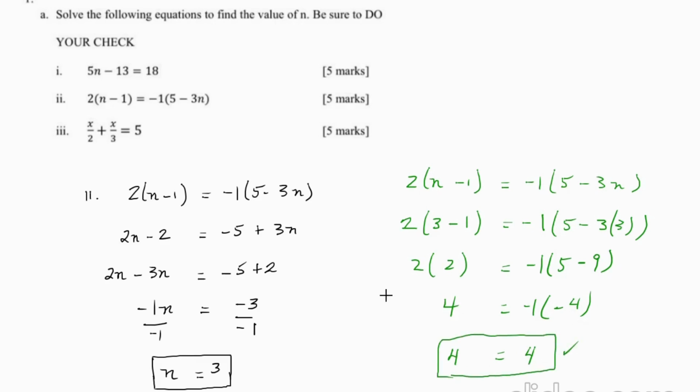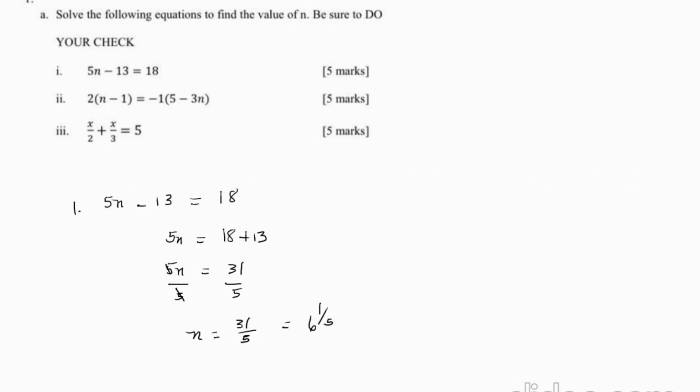So we need to go ahead and do the same thing with the previous one, right? So let's go back and let's do that. So the original problem was 5n minus 13 is equal to 18. Okay. So we did 6 and 1/5, 31 over 5.